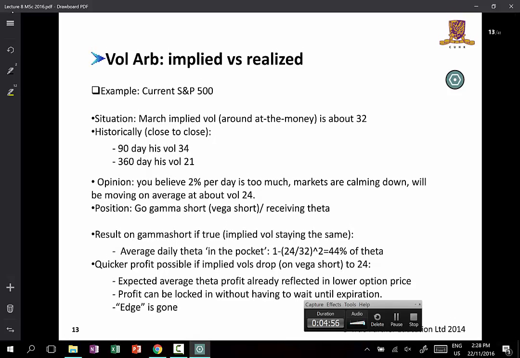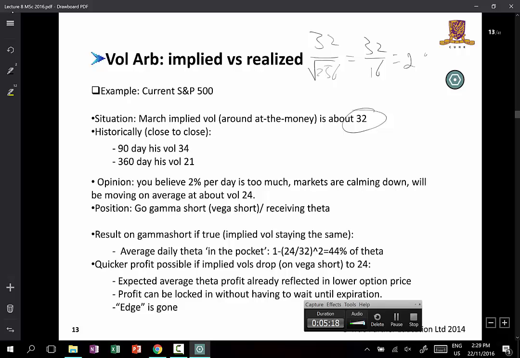and if the volatility is trading around 32, that means the market expects that every day there will be approximately 2% of movement. 32 divided by 16, 2% of movement.